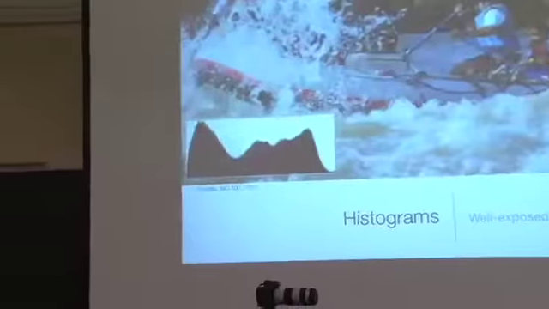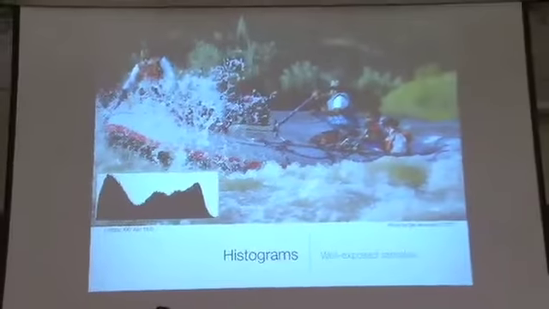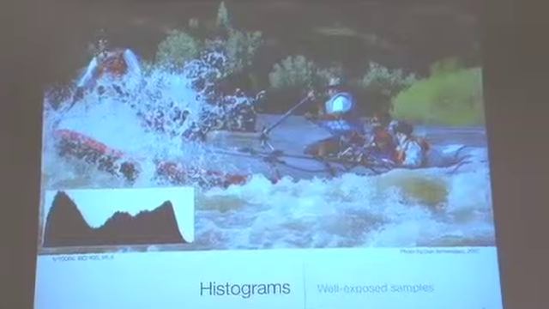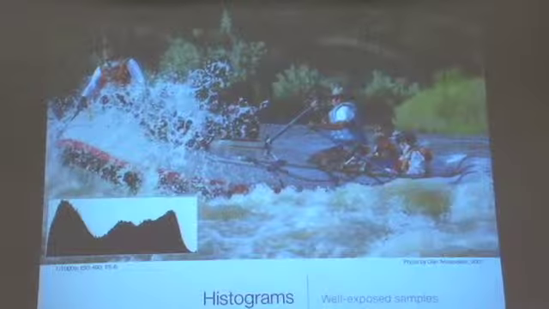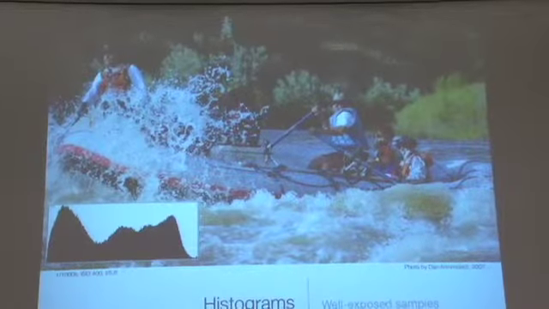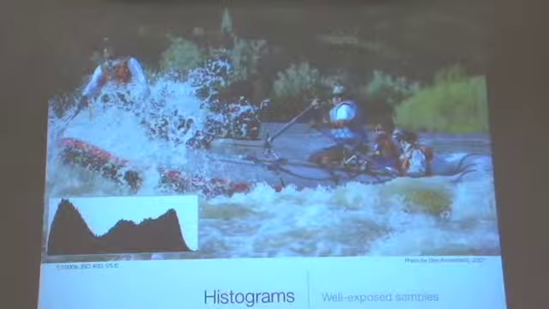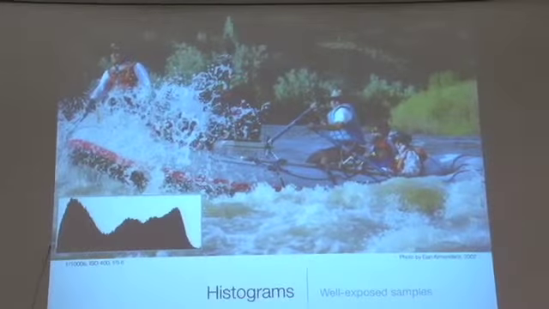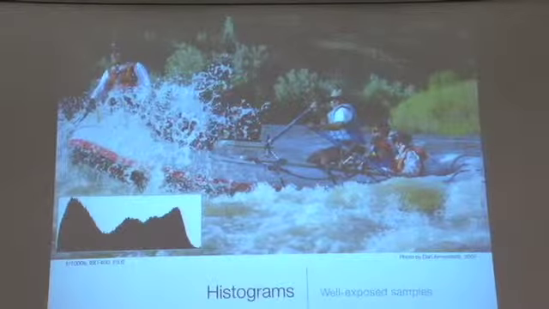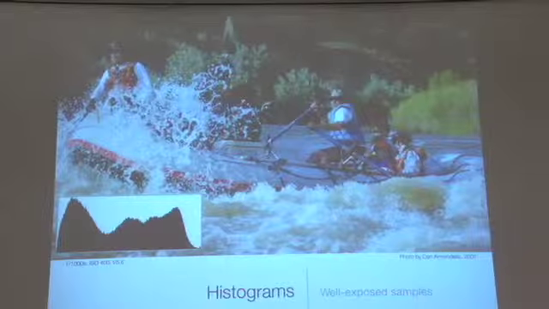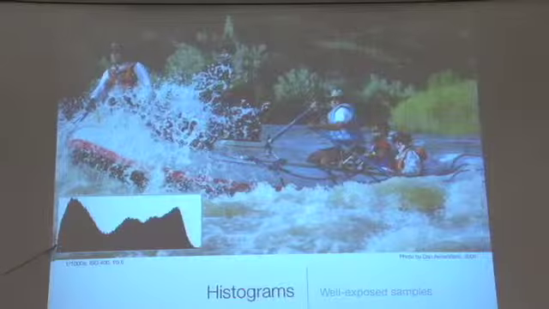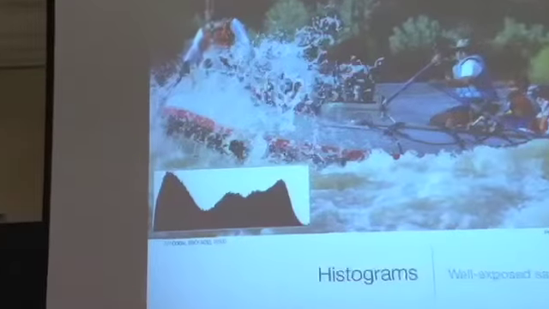Okay, so keeping that in mind, as we look through some more examples, here's one where the dynamic range of the scene is perhaps a little bit wider. There's a wider change in the amount of light in a scene, and so we have a wider histogram. One of the things that you'll notice about this histogram that might be tricky is this hump at the very far left end.